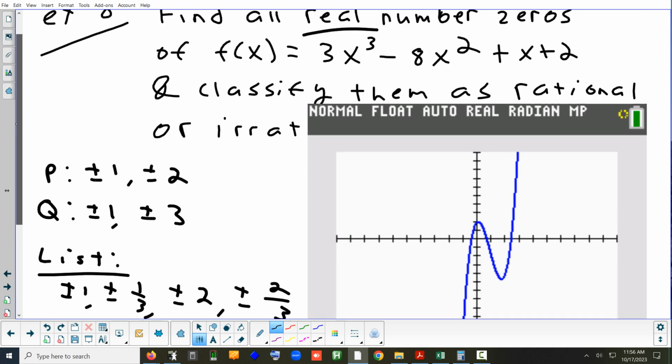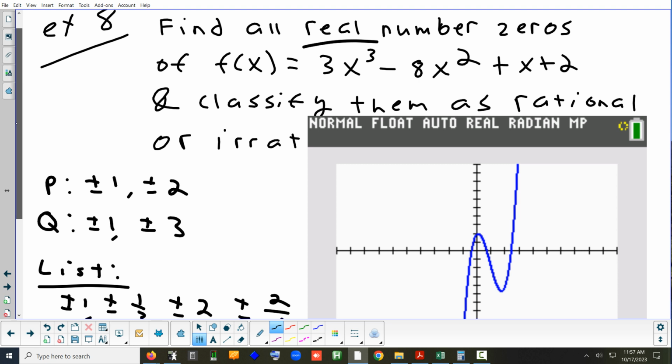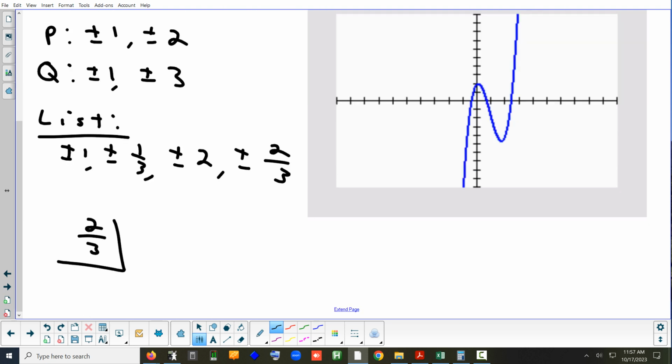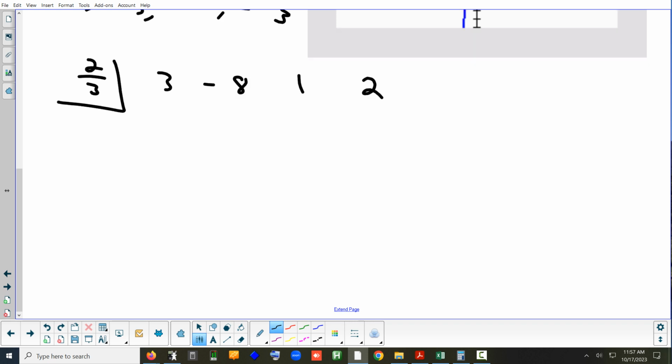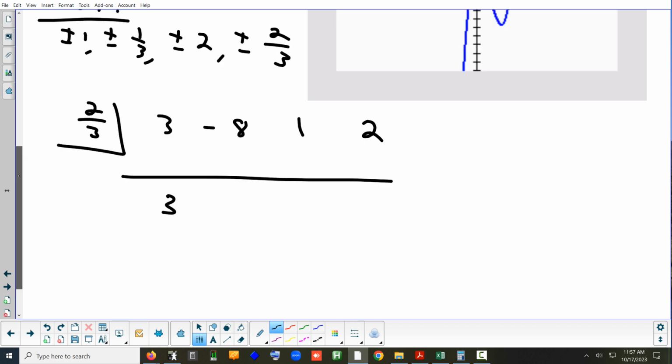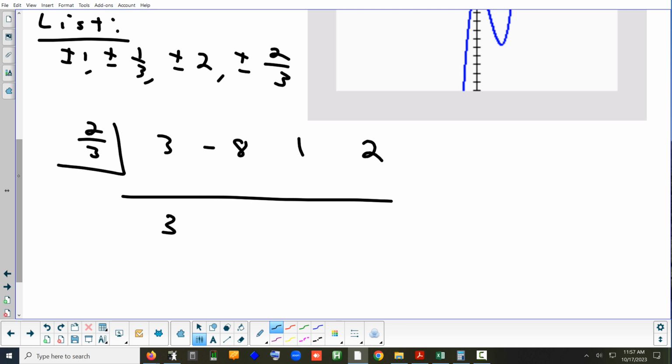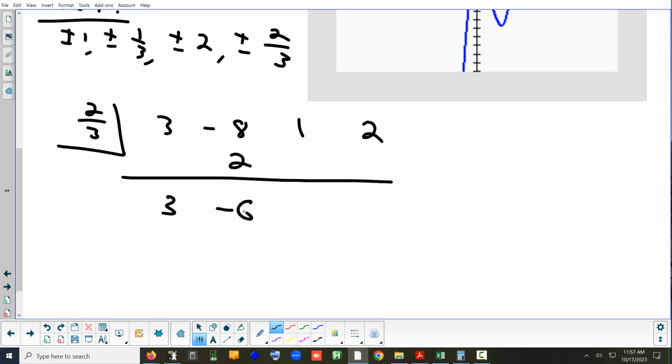And what numbers go on the inside? 3, -8, 1, and 2. Bring down the 3. What's 2 thirds times 3? 2. -8 plus 2 is -6.